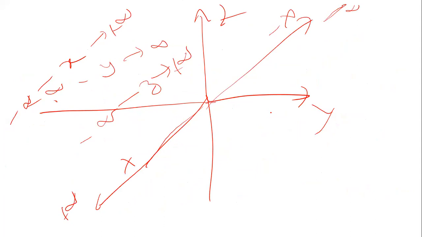And what about the coordinate surface? Suppose you fix the value of r, and phi and theta are variable.